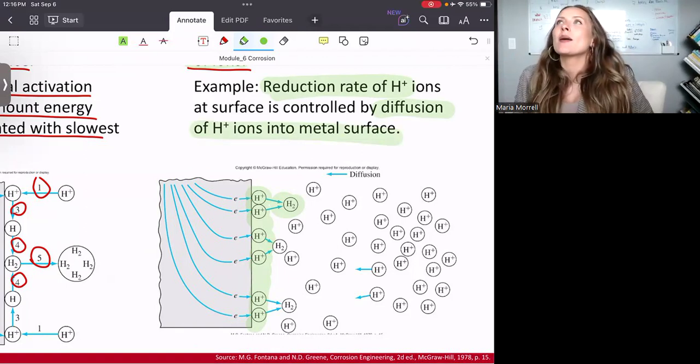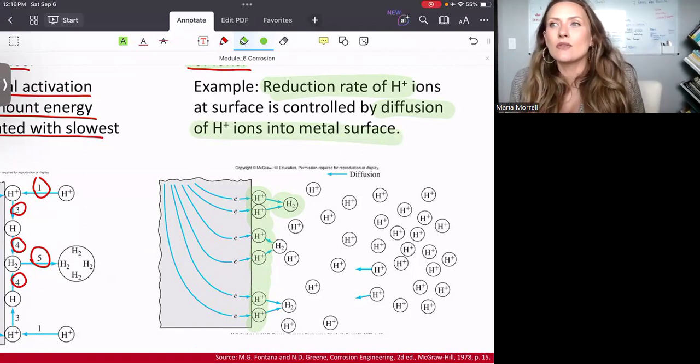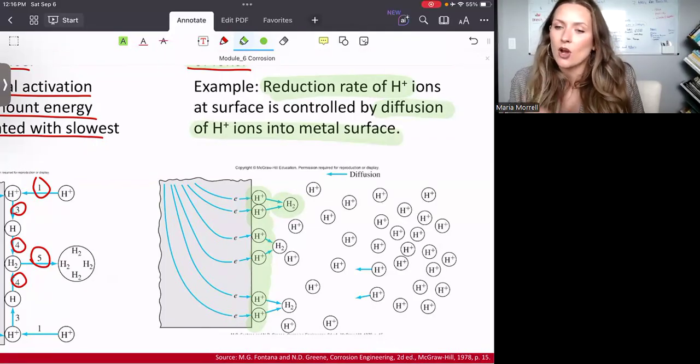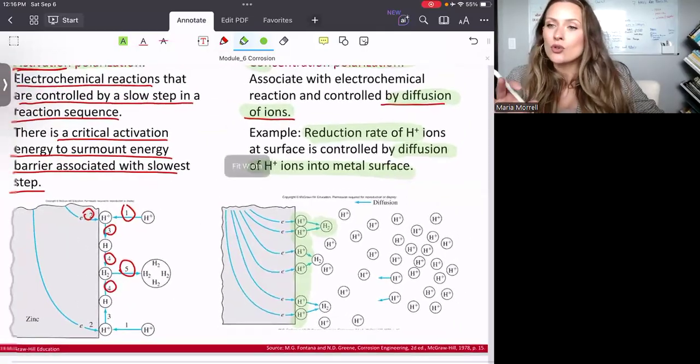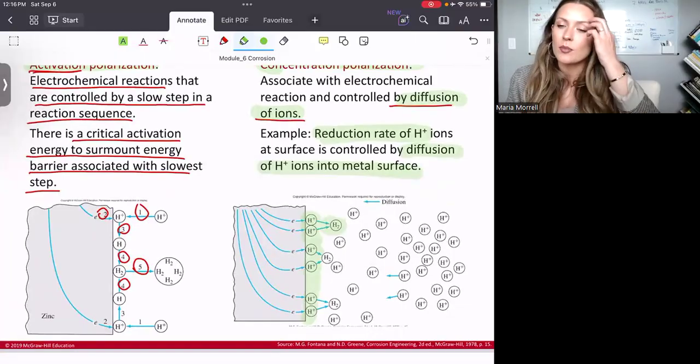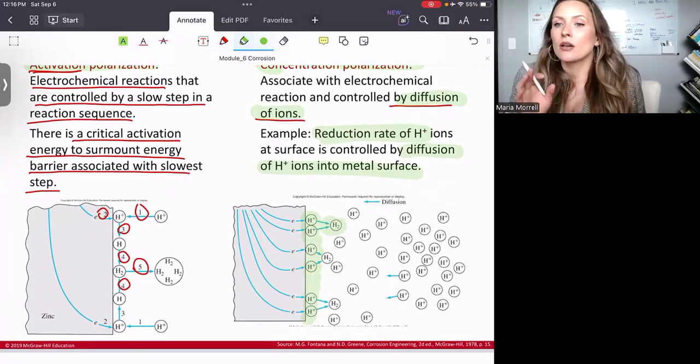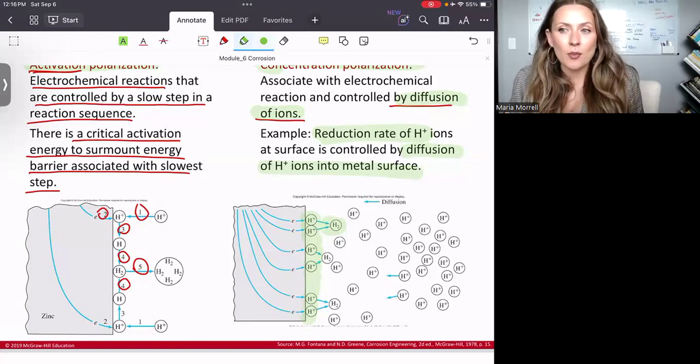And perhaps it's really important to give you an example right now that would make this knowledge useful and practical. The diffusion or concentration polarization, the one on the right, is perhaps very important when I'm dealing with diluted solutions. Because here's what happens.